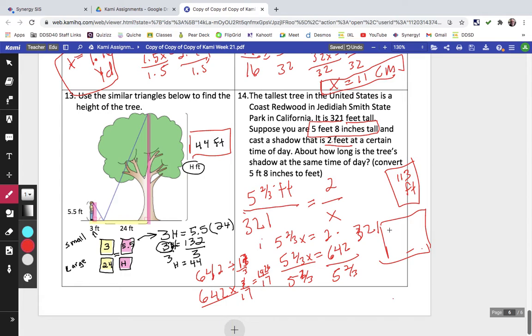So we'll round it to 113 feet. Either way we did it, we got around 113 feet. So whether we were keeping it in feet or changing it to inches, we got the length of the shadow to be a little over 113 feet.